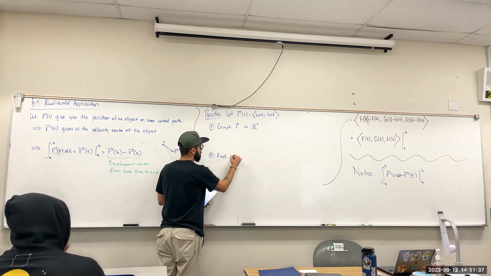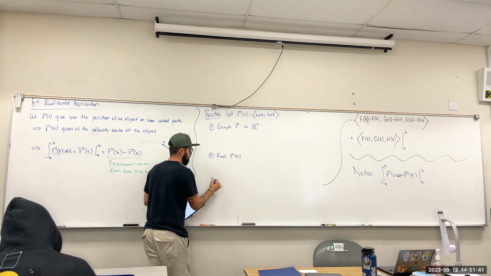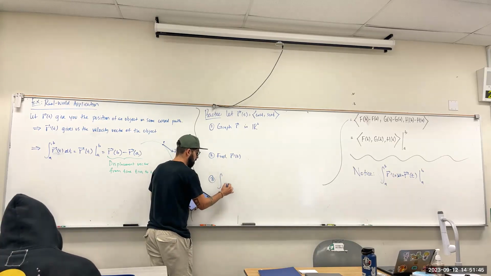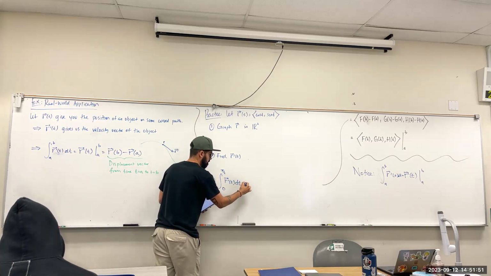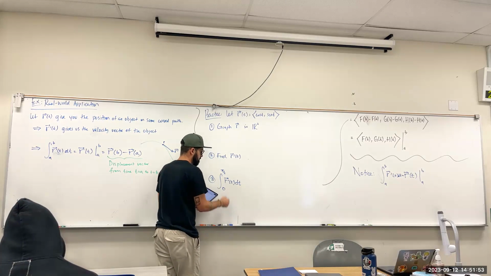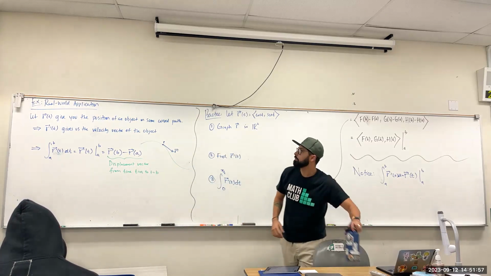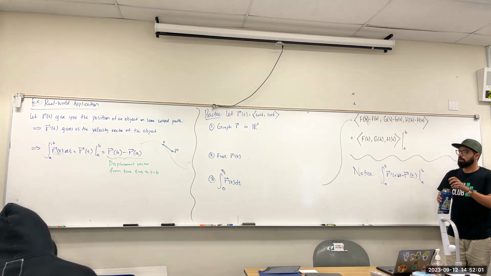Next, not too hard, but just find the derivative. And then I want you to integrate the derivative from 0 to pi over 2. Not too crazy, but let's put everything we've been doing together here.